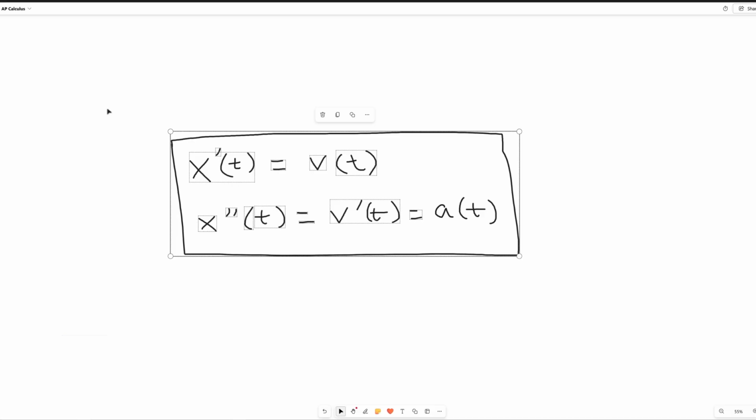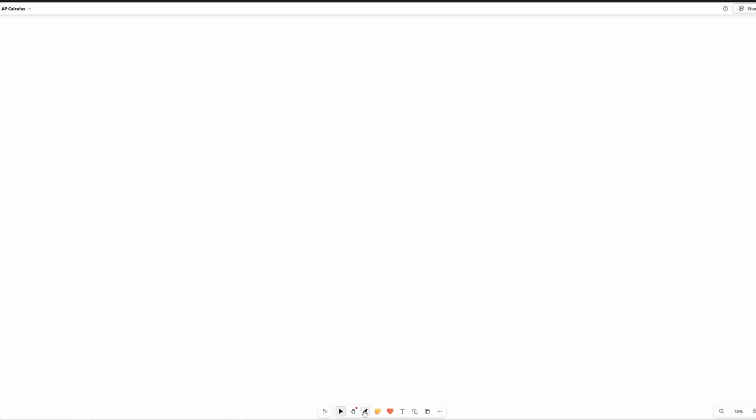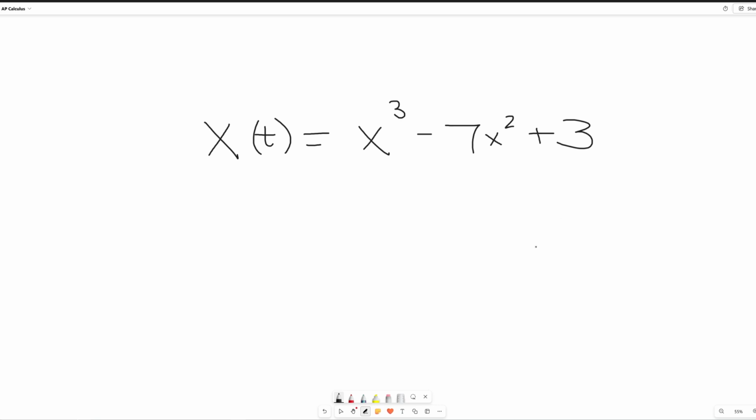So we can do a sample problem. Take the function of, let's just say, a particle, right? Usually it will be a particle because humans don't move in a function like x cubed minus 7x squared plus 3. So let's say the position of a particle on the x-axis is this function.